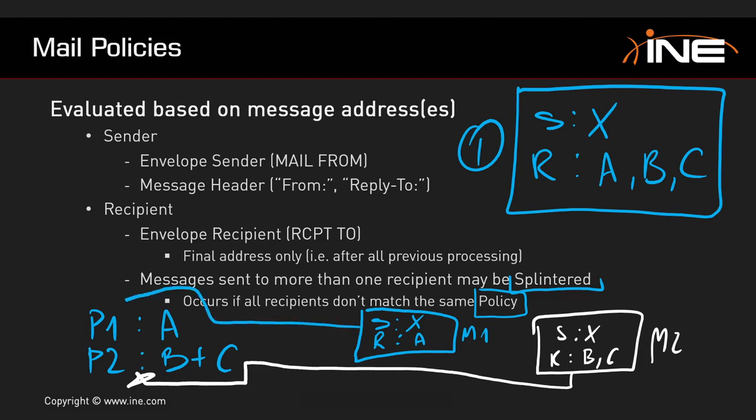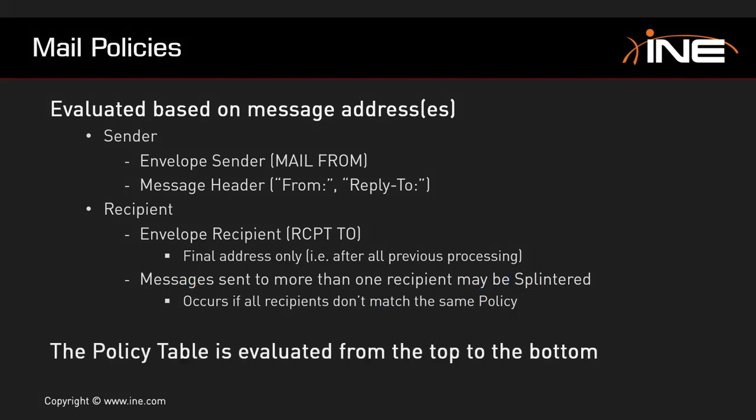It's not the number of recipients that controls the number of copies. It's the number of policies that we will eventually have to use to process them. So this way, a single message could be processed with the appropriate policies, depending on, in this case, the recipient. All right, the entire policy table is going to be evaluated from the top to the bottom.